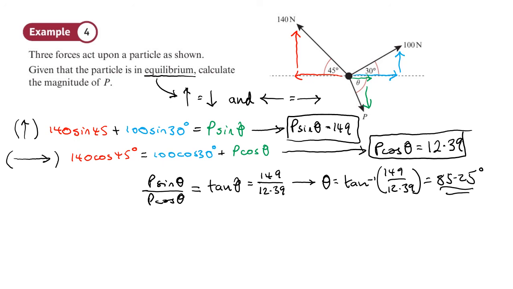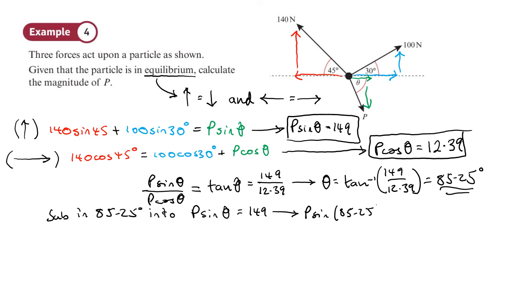And if I want to find P, I just substitute that into either one of my two equations. So I'm going to sub in 85.25 into, let's say the first one, P sine theta equals 149. So that means that P times the sine of 85.25 equals 149.